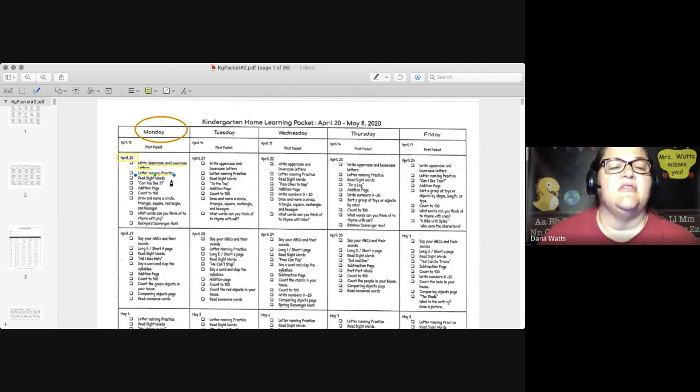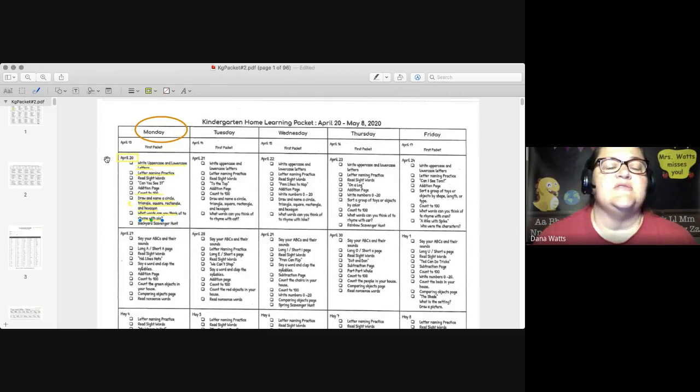You're going to see that in a minute in the front of your packet. Counting to 100. And this one, draw and name a circle, triangle, square, rectangle, and hexagon. So just practice your 2D shapes. What words can you think of that rhyme with pig? Just a talk aloud activity to do together. Okay, so those are just your out loud activities.